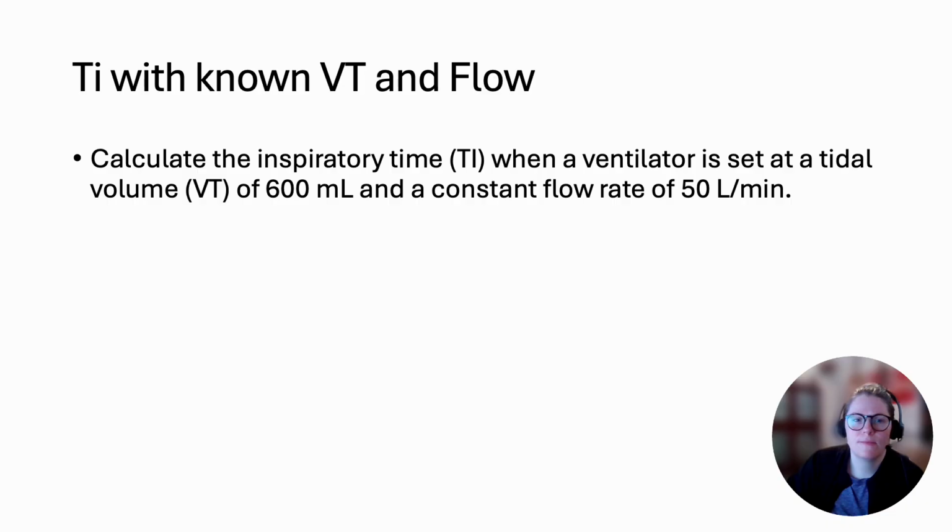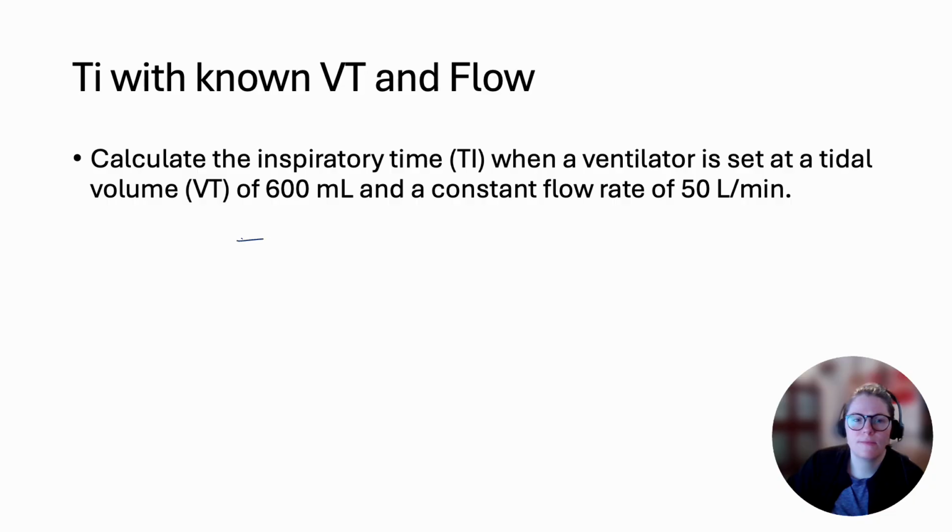Okay, let's move on to this problem. We're solving for inspiratory time with known tidal volume and flow. Calculate the inspiratory time when a ventilator is set at a tidal volume of 600 milliliters and a constant flow of 50 liters a minute. So we have tidal volume and we have flow. Let's figure out our equation for this first.